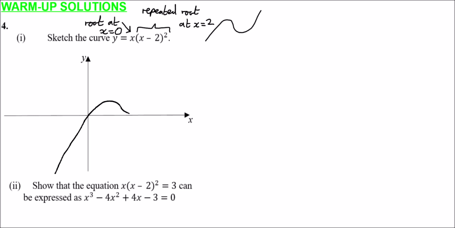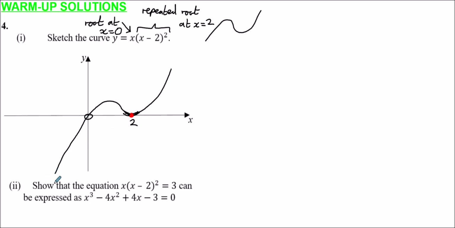It's then going to bounce back up and go up like so. I've been a bit naughty, I've actually missed the x-axis here. That's slightly slack of me, but hopefully you'll forgive me. So it goes through that point here, where x is 2, and goes through the origin.